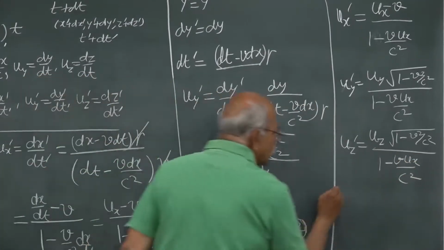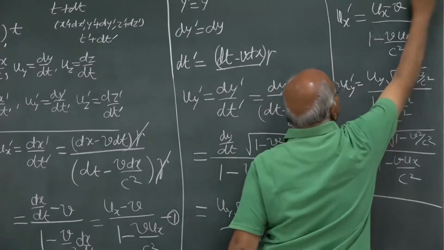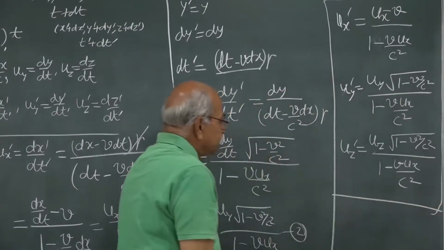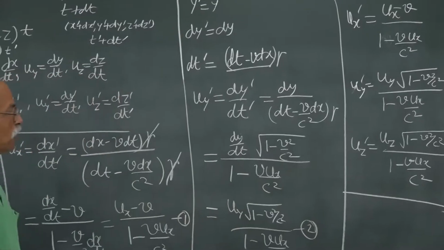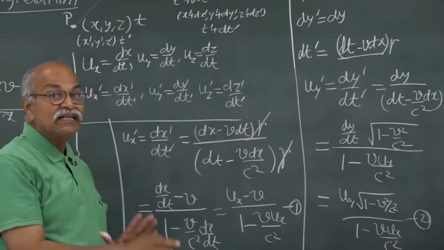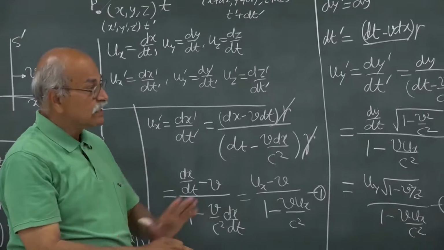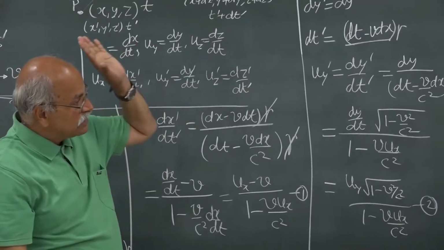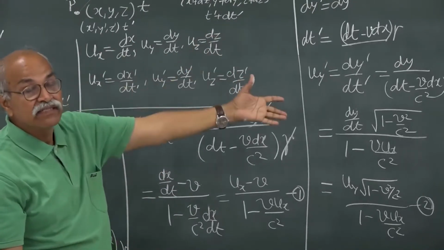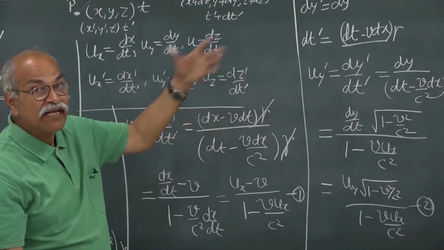So these are the velocity transformation formulas, the Lorentz transformation equations for velocities as you change from S to S prime.